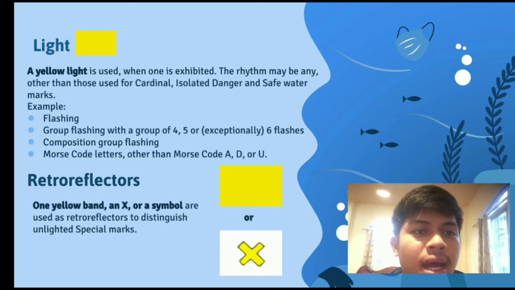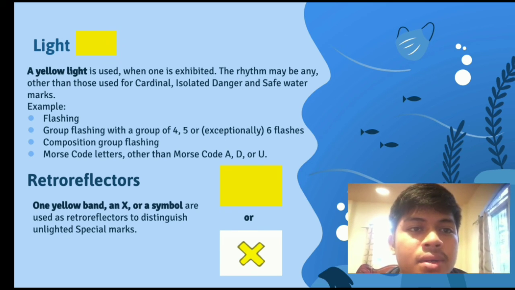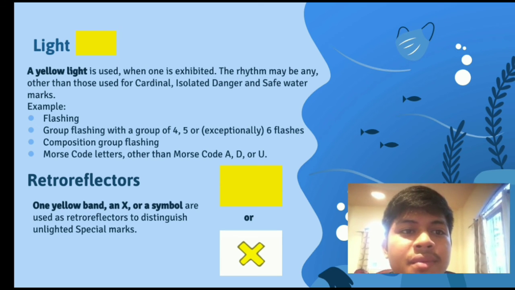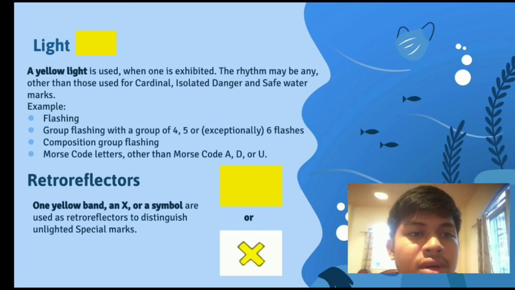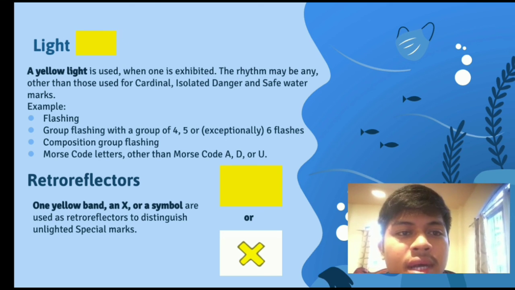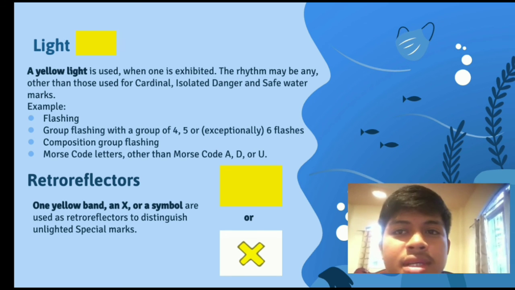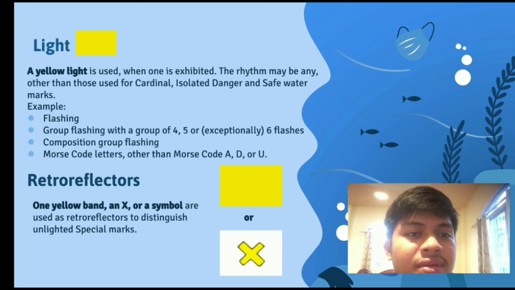Next, the light. A yellow light is used when one is exhibited. The rhythm may be any other than those used for cardinal, isolated danger, and safe water marks. Examples: flashing, group flashing with a group of 5, 4, or 6, composite group flashing, and Morse code letters other than Morse code A, D, or U. Next are reflectors.